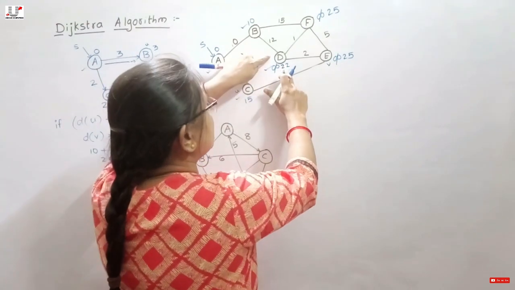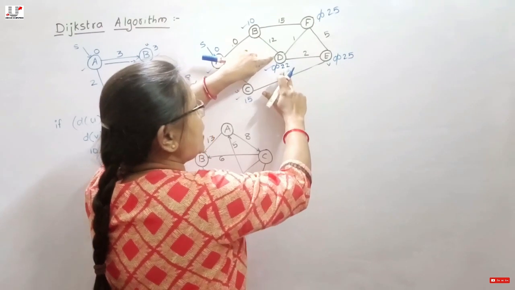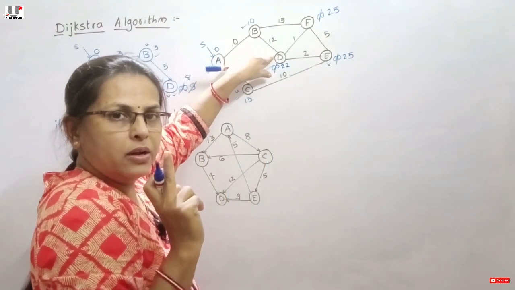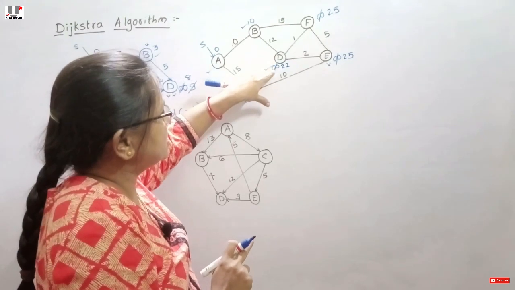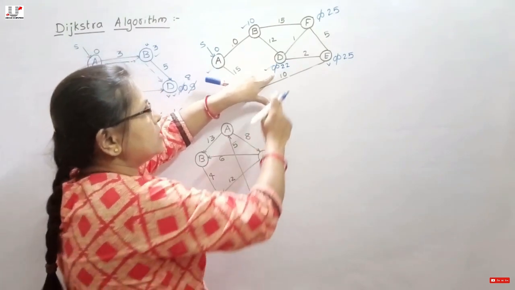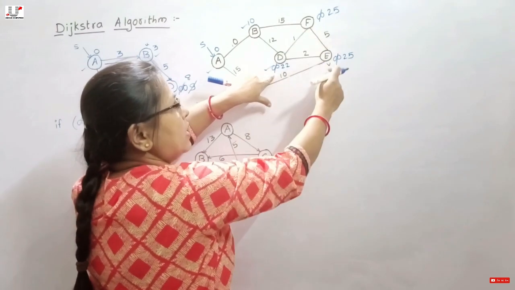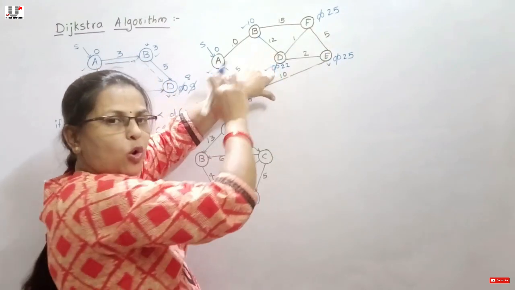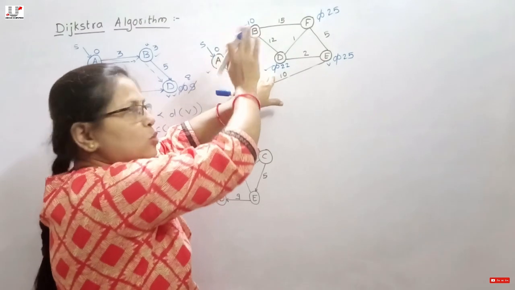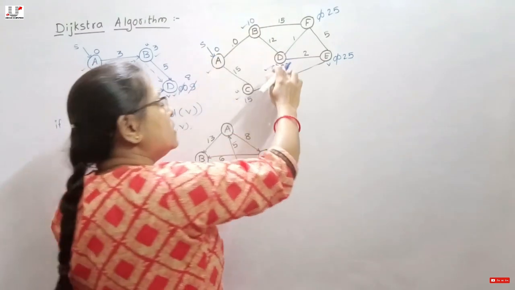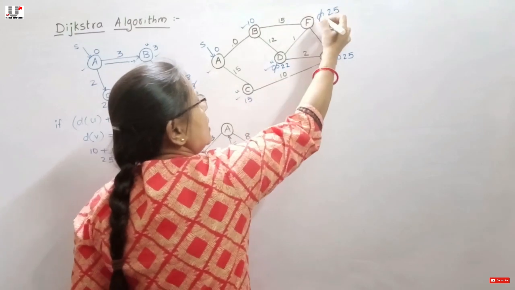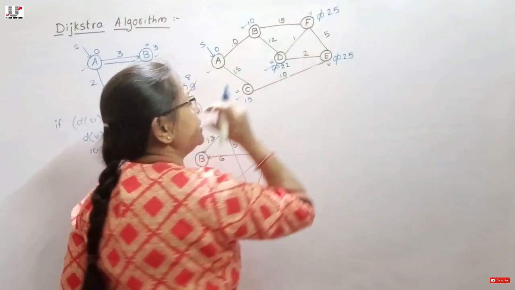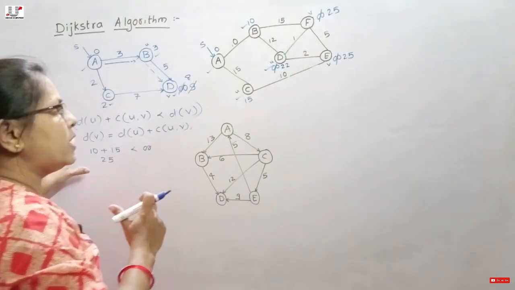Then from D, find the unvisited adjacent vertices of D. There are F and E. As B has already been marked as visited, don't visit it again. Then consider D as U and F as V and apply the same condition.